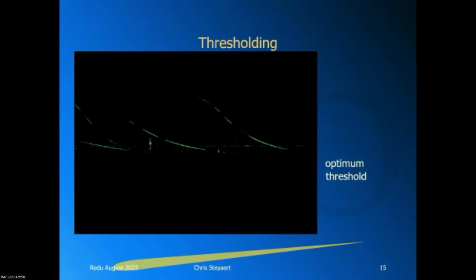I think there's a problem here with the presentation, but I can't help it. Anyhow, you see this one is already darkened and the background is much clearer now. Of course, if you threshold it a lot, you start losing information. So there's an optimum: not too little, because you have all that noise, not too much, or you lose stuff and you don't get it back anymore.